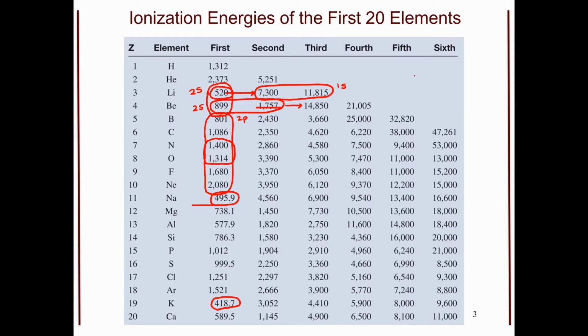Let us go and look at the 2p subshells for our oxygen and our nitrogen. So for nitrogen, we are going to have 3 unpaired electrons. This is half-filled, Hund's compliant. In the case of oxygen, however, seeing that we have 1 more electron, notice that we have one that is paired up.